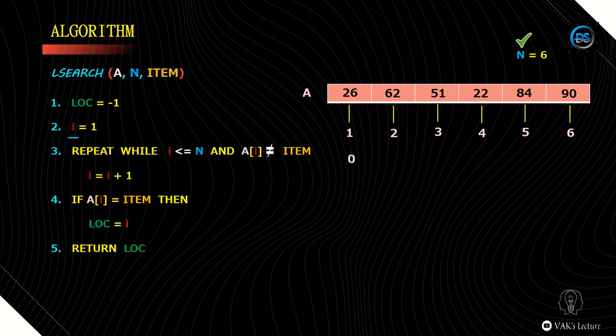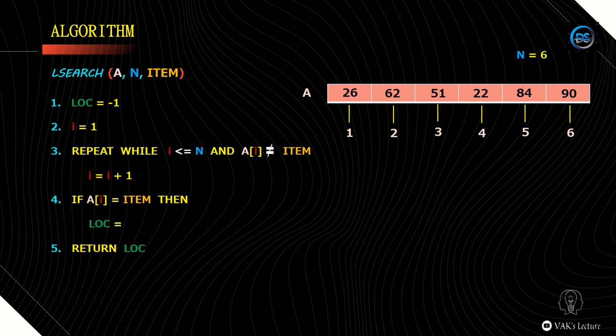You can do it from 0 also, but I started it from 1. If you start from 1, then the loop will continue up to n. So the condition will be I less than or equal to n. If you start from 0, then you have to move up to n minus 1. So the condition will be I less than or equal to n minus 1, or I less than n.